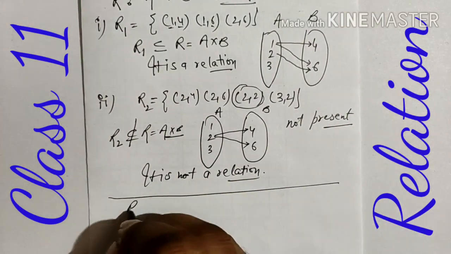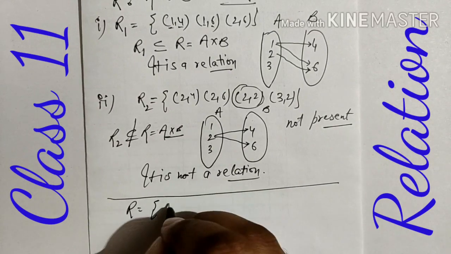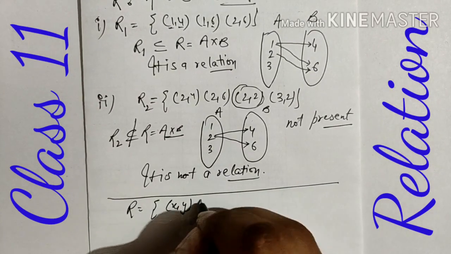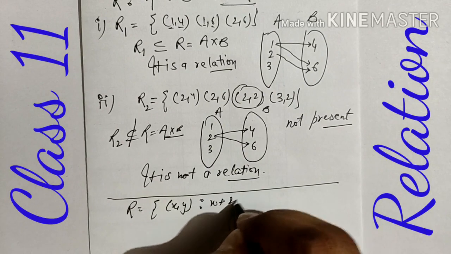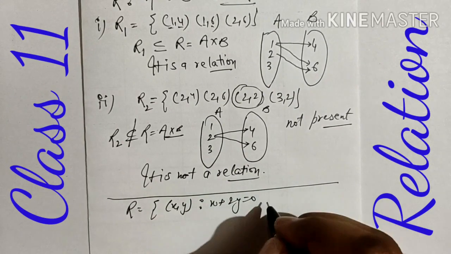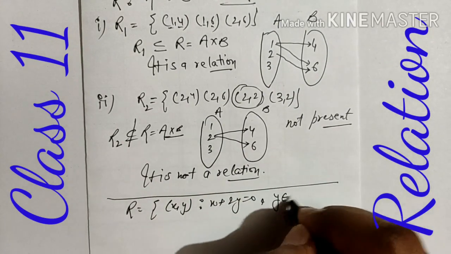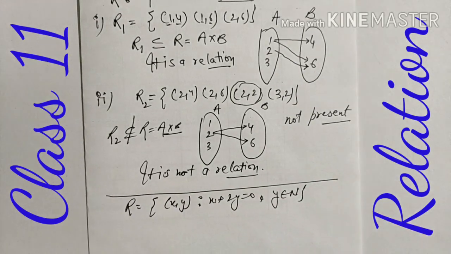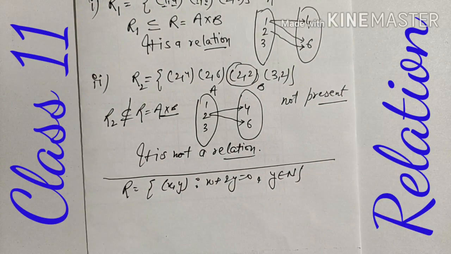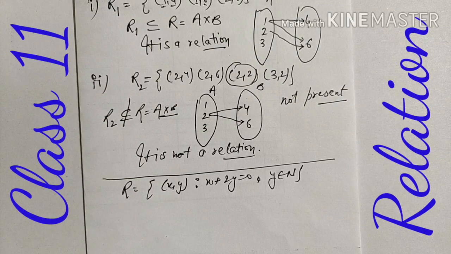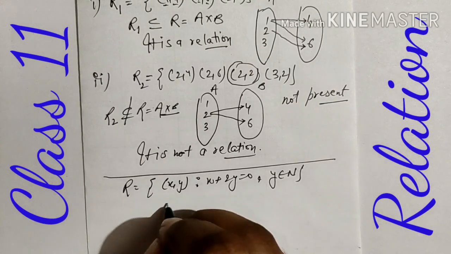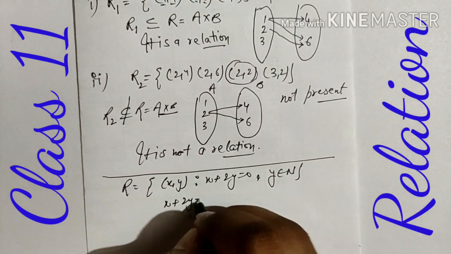Let R be a relation defined by ordered pair x, y. The condition is x plus 2y is equal to 0, where y belongs to natural numbers. We have to check whether it is a relation or not, and we have to give the reason. We have the condition x plus 2y is equal to 0.